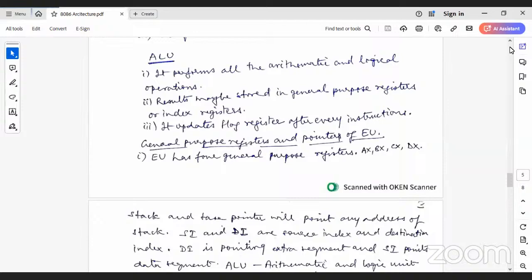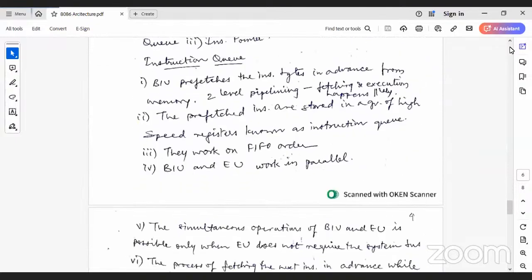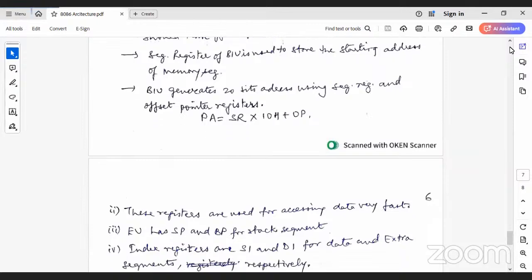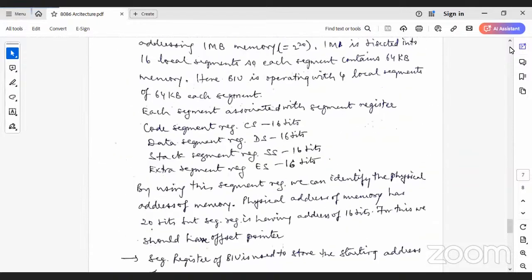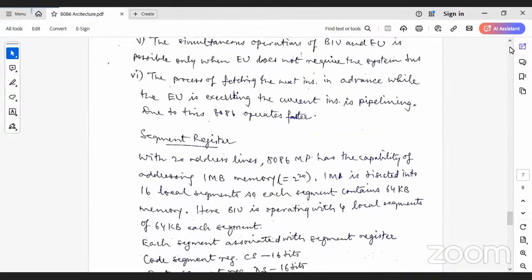Now next is general purpose registers and pointers of EU. This we have seen already. The general purpose registers, as I already told, are AX, BX, CX and DX.